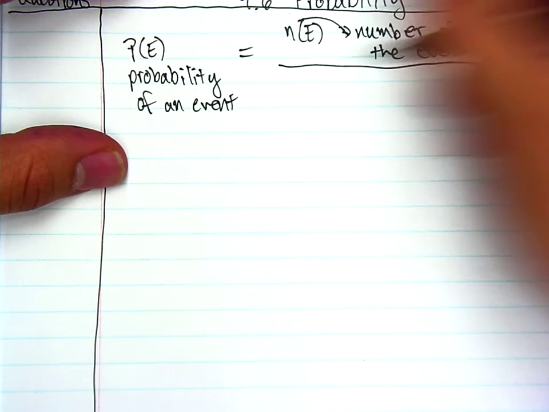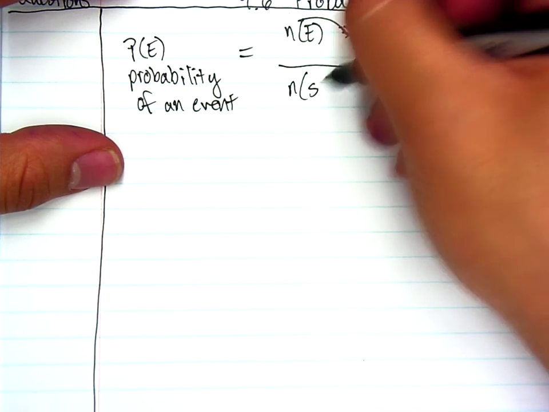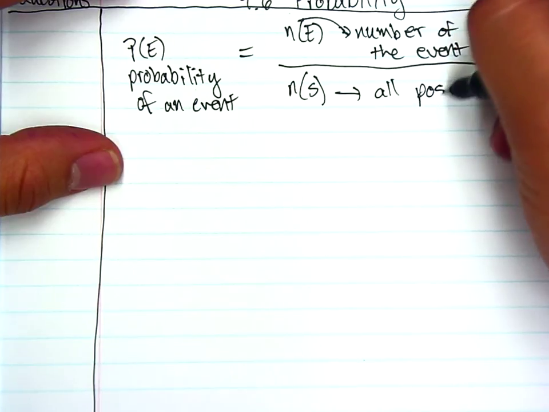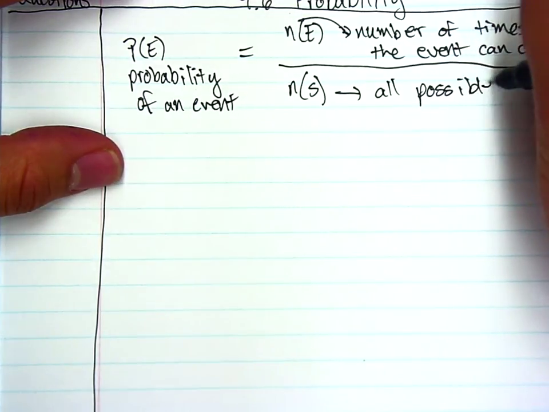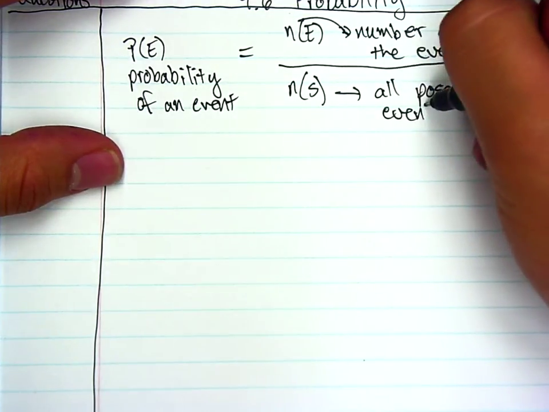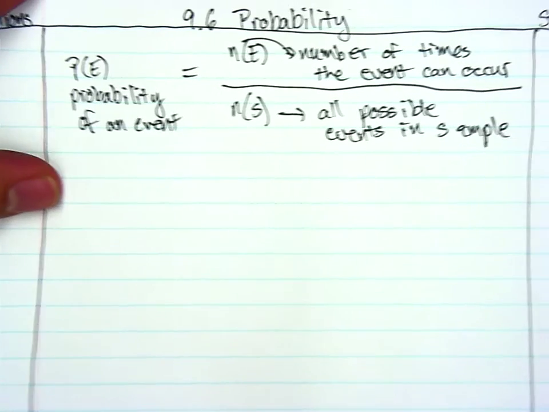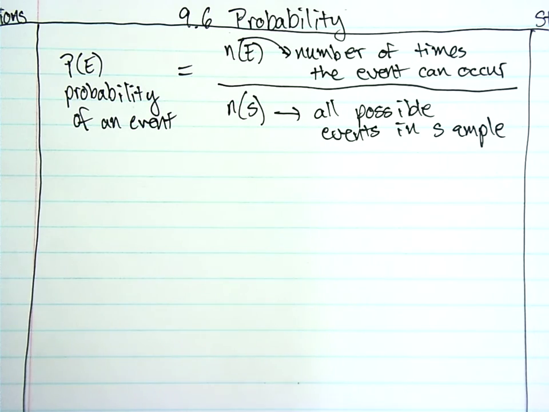And then N(S) is talking about all of the possible events in that sample. So with this idea, we're talking about what can happen versus what we want to happen.